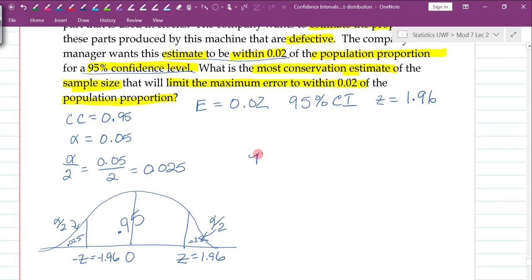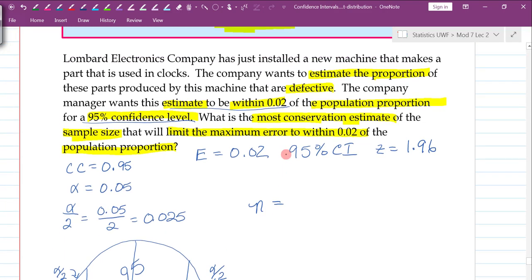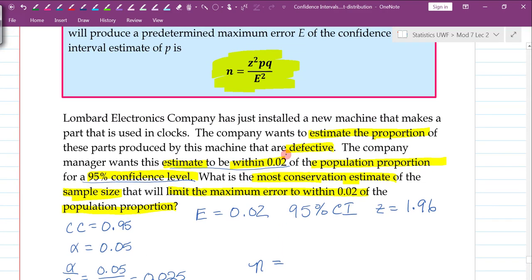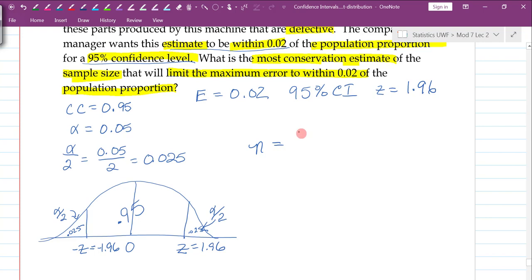Now remember, n is equal to, our formula up here, z, 1.96, divided by our e, 0.02, all of that squared, multiplied by p, multiplied by q.